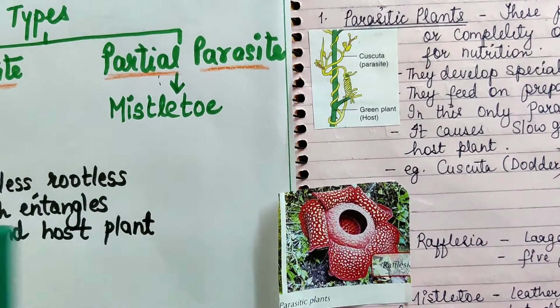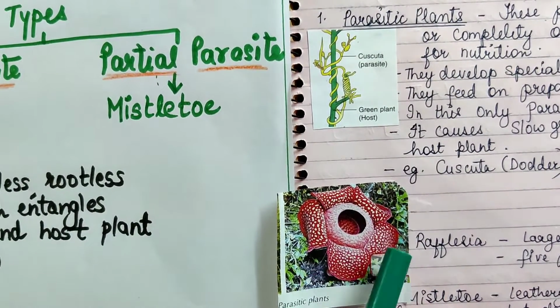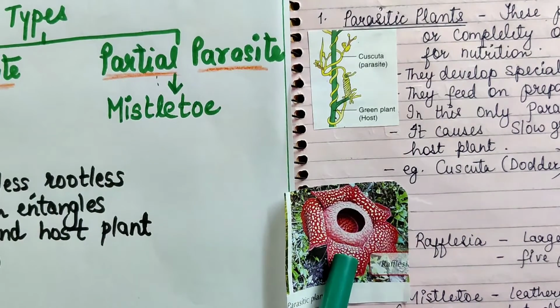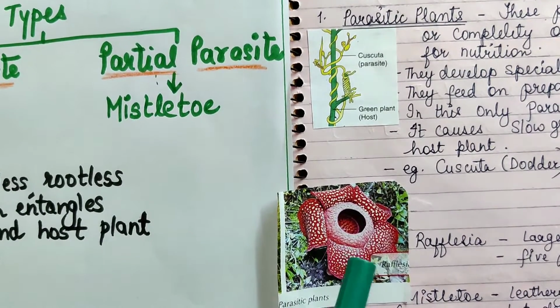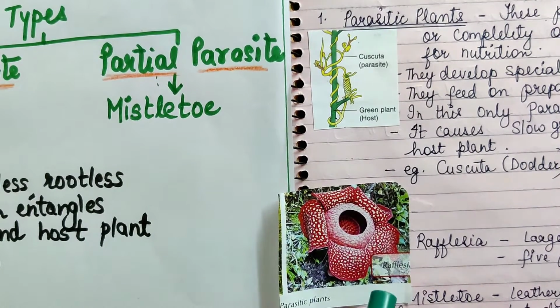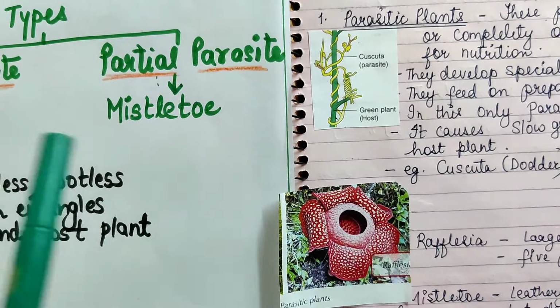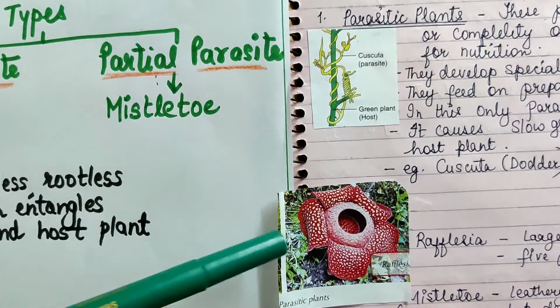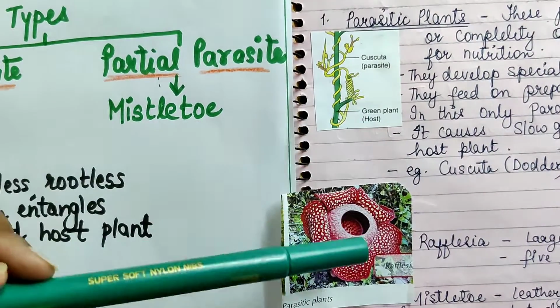Rafflesia is the largest flower, with 5 petals. It is also called the corpse flower because it stinks badly. The discovery of this Rafflesia and the name given to it hold a special story which we will discuss later. Rafflesia and dodder are the two plants which show complete total parasite nutrition.